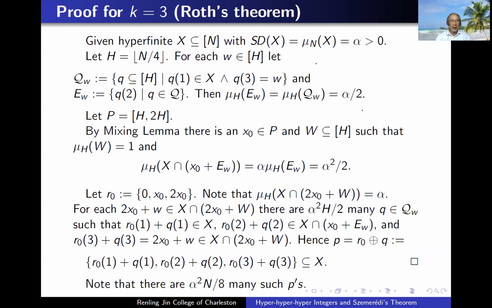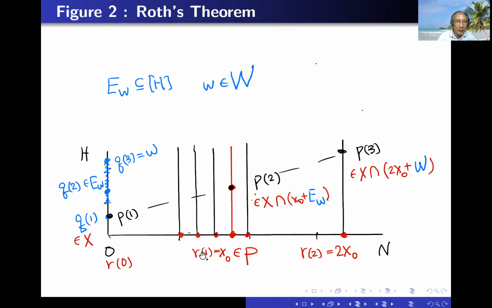So here's the picture to visualize the proof. We have N, then we pick H like 1/4 of the N. Then we put it upward.